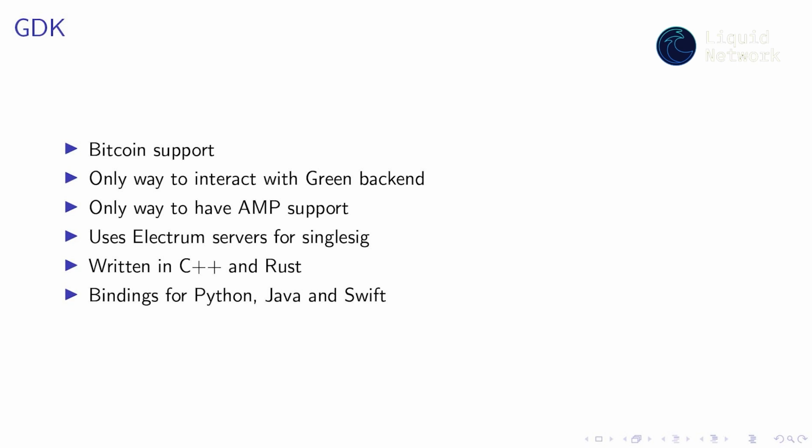So if you want to do something slightly different, it might be very hard for you. Perhaps you want to fork the SDK and tweak it a little bit for your use case. That's completely understandable. With GDK, it's quite hard to do. It has bindings for Python and JavaScript, which are used in the mobile apps.